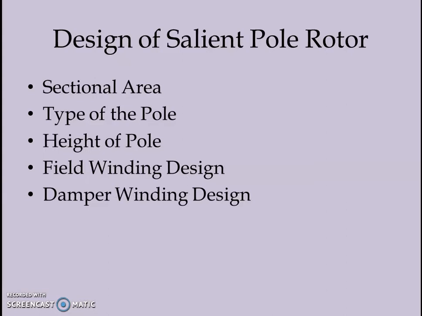Both the field winding and damper winding designs will be done in our next video lecture. In this video lecture, we'll be designing the cross-sectional area of the rotor pole, the type of pole, and ultimately we will decide the height of the pole. So basically we are going to design the dimension of the pole in this video lecture.